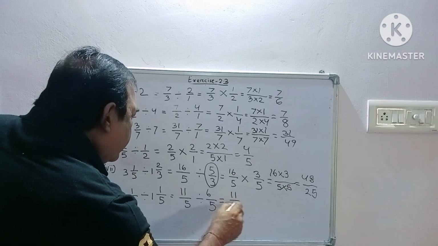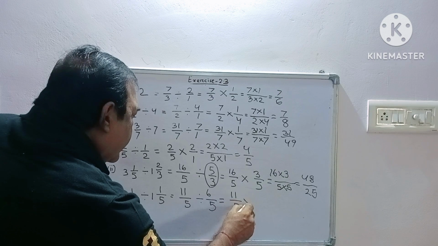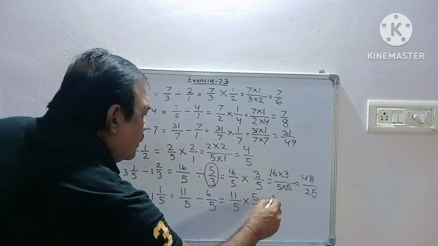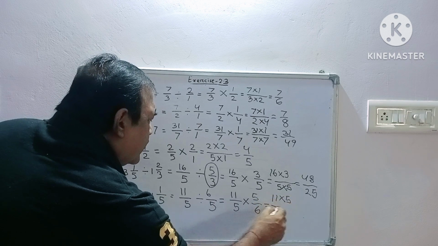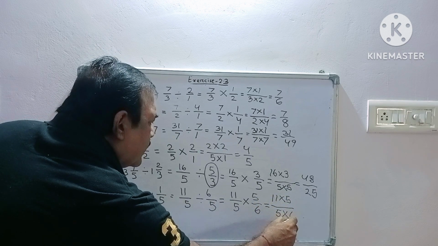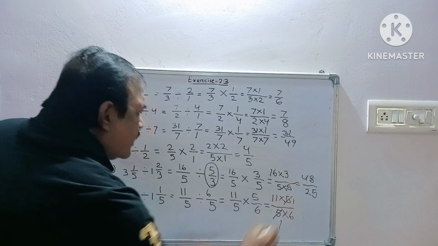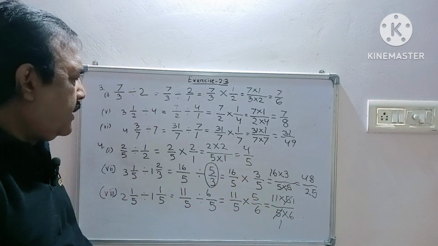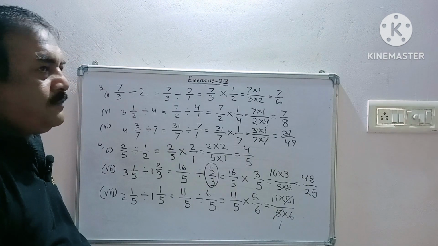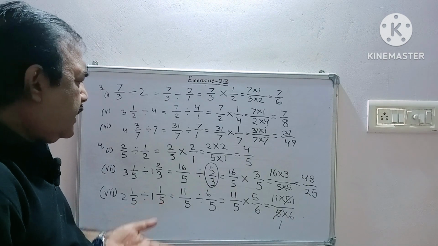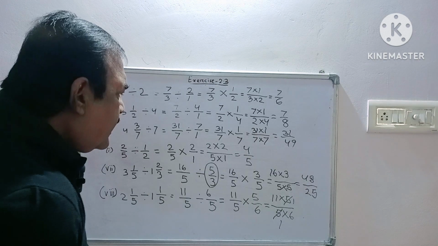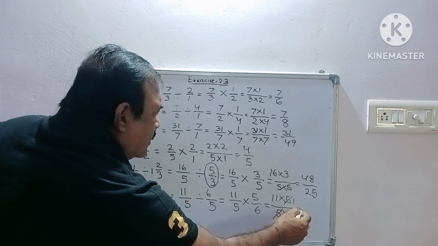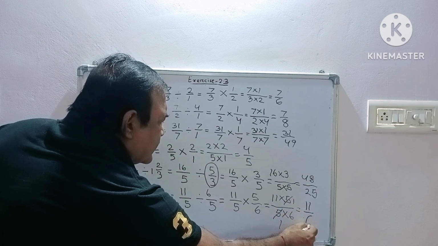That is equal to 11 upon 5 into 5 upon 6. That is equal to numerator into numerator divided by denominator into denominator. Here the numerator is 5 and the denominator is 5, so 5 is the common divisor. 5 1s are 5, 5 1s are 5, so that is equal to 11 upon 6.